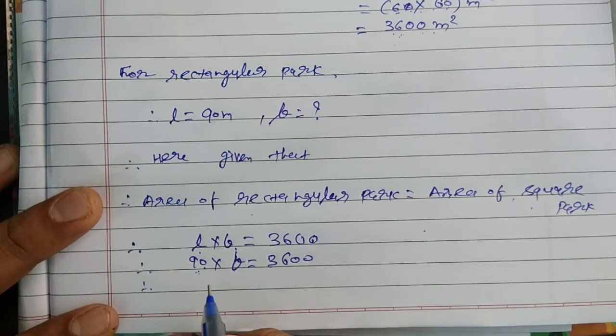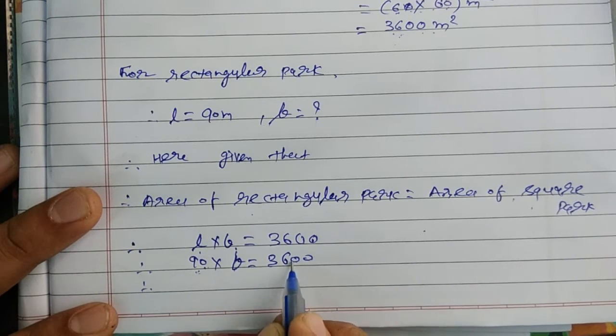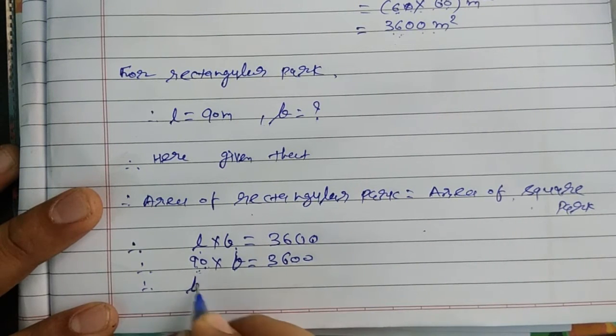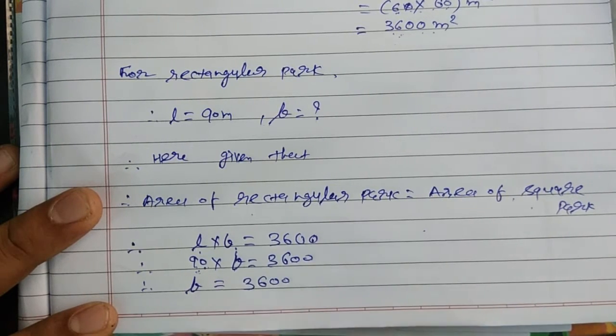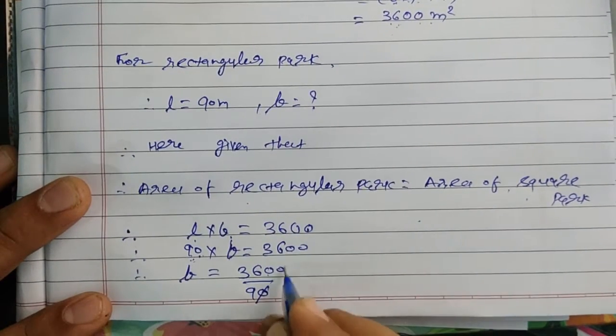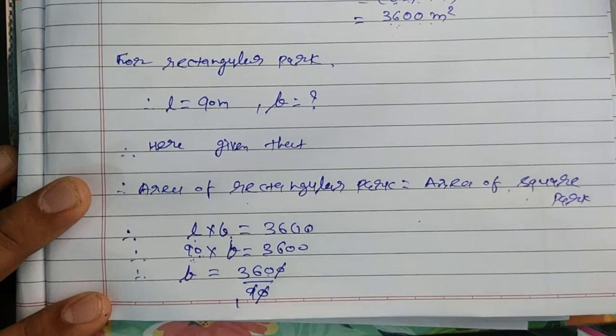So what we have to do, we will divide this whole equation, left hand side and right hand side, by 90. So here in the left hand side, when we divide by 90, this 90 will be removed and B only is left, so B is equal to 3600 divided by 90. This simplification we can do directly, this 0 and this 0 will cut, as we know that 9 ones are 9 and 9 fours are 36.